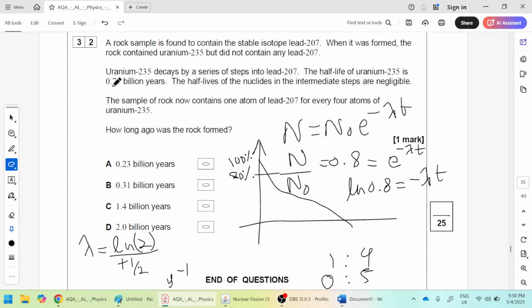ln 2 divided by 0.7 billion will give us lambda, but whatever the value of lambda, our value of t is going to be ln 0.8 divided by minus lambda, isn't it? Yeah. So I'm going to calculate it and directly use the calculator answer because I can't be bothered typing it out.